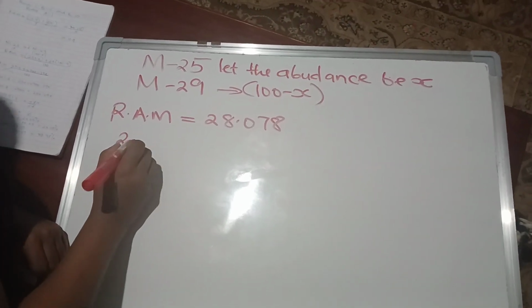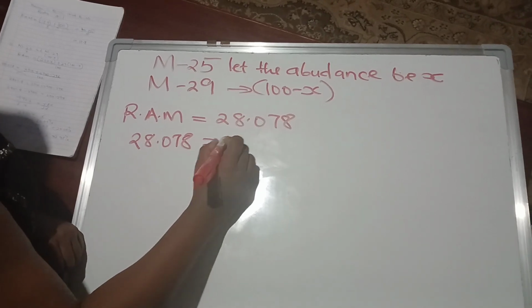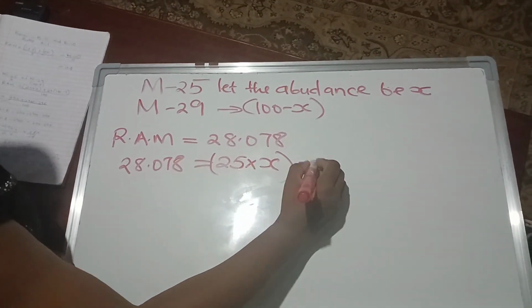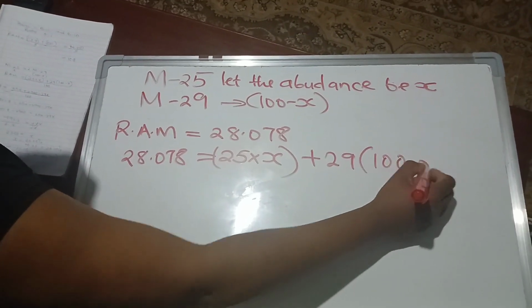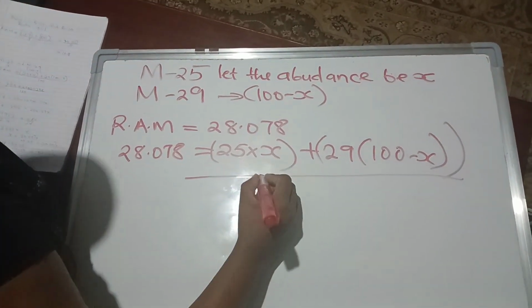So we shall say 28.078 is equal to 25 times x plus 29 times 100 minus x, all these over 100.